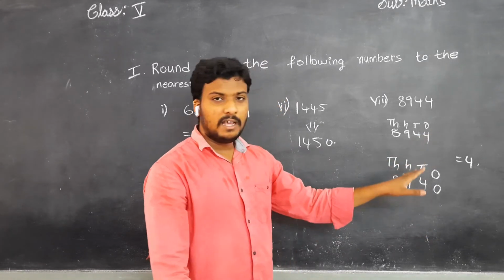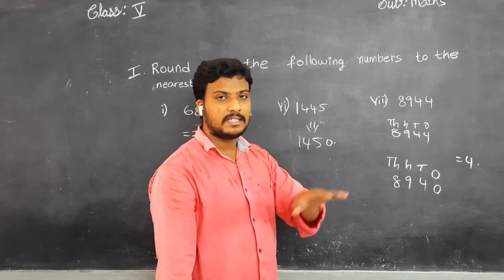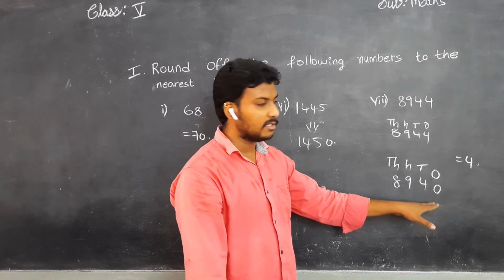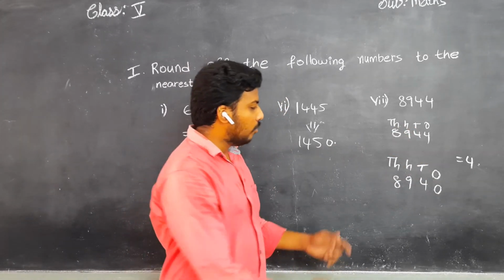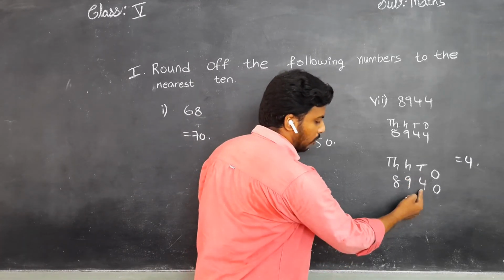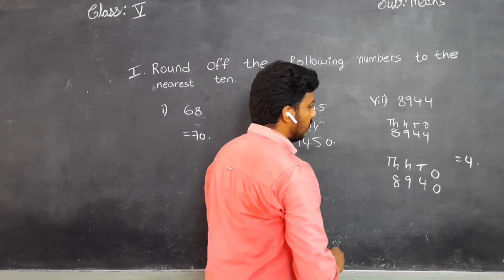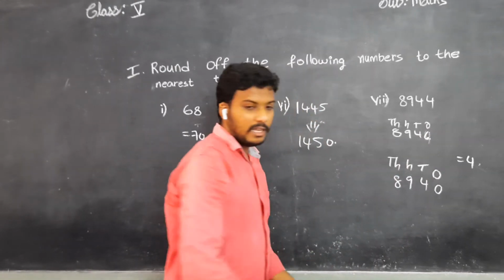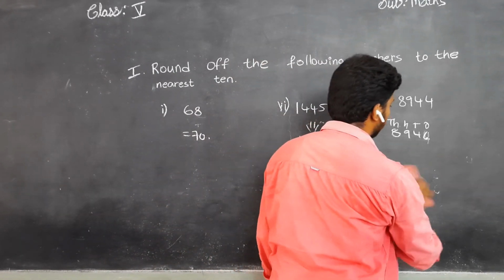Simply I want to say, if the value in the ones place is less than 5, you simply keep the tens, the nearest tens. If the value is 5 or above 5, you add 1 to the tens place. Suppose they gave 6 in the place of ones. Assume like that.